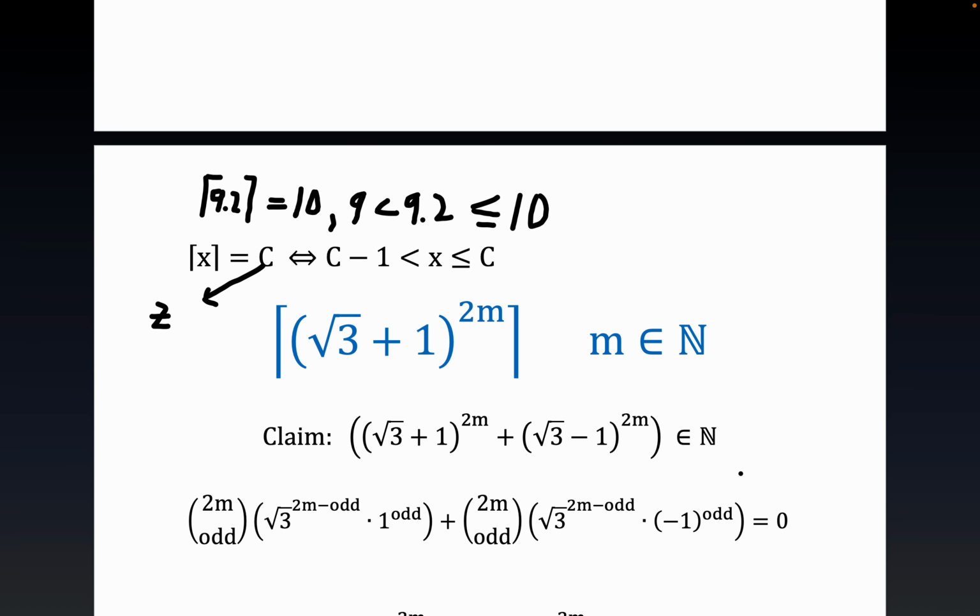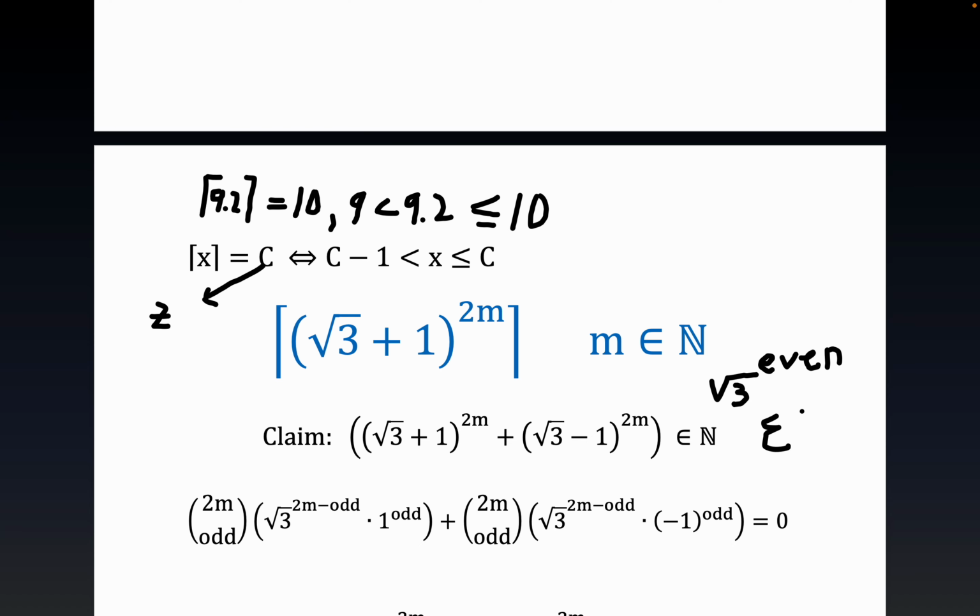If you also observe that the square root of 3 raised to an even power, all the other terms would have even exponents in these expansions. So the square root of 3 raised to an even power, okay, is certainly a natural number, folks. And I'm just going to write that it's a member of the natural numbers.